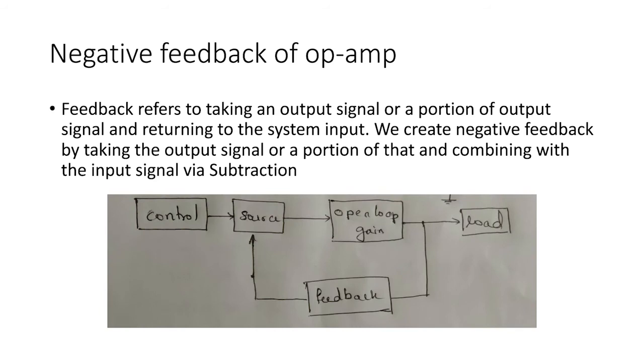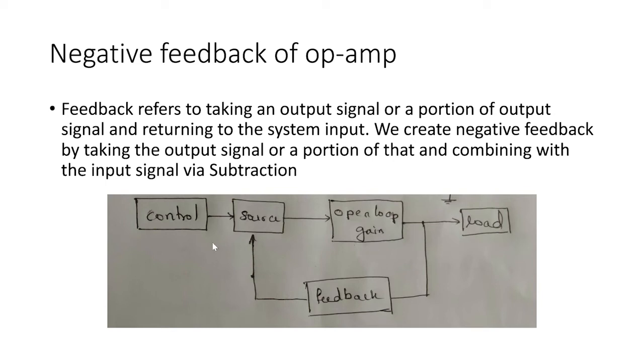Negative feedback of an op-amp. Feedback refers to taking an output signal or a portion of the output signal and returning it to the system input. Here we can see a simple block diagram of a negative feedback op-amp. Here there is a controller, source, op-amp gain, open loop gain, load and feedback.